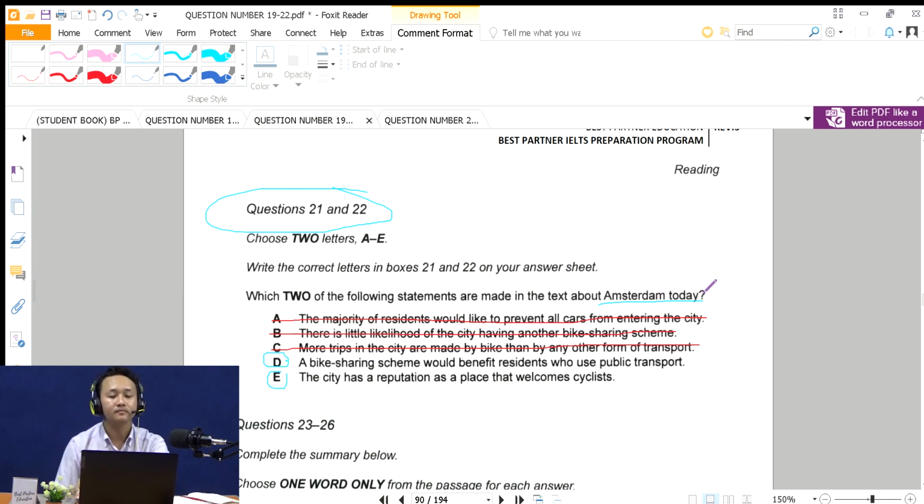Number one, go to the text and try to find the information. Try to find the keywords. Now, number two, what you have to do next is to find the information in the text. When you have found the information there about Amsterdam today, understand it. Okay, after you have understood that, go to the options.